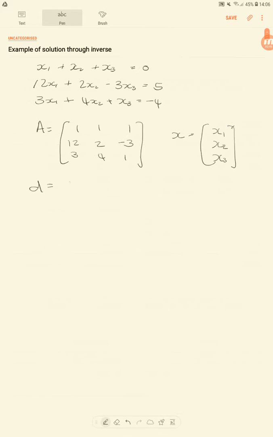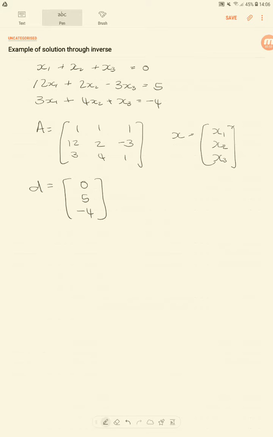So first we need to write our matrices. Our matrix X is x1, x2, x3, and matrix D is equal to 0, 5, minus 4.